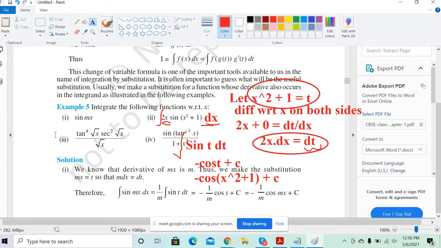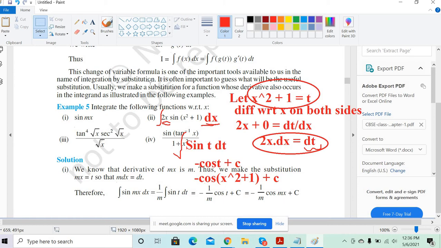Yes. Can you just do the first one now so that you understand? So this is the method of substitution. See, the whole purpose of the method of substitution was to put it in a simplified form so that you can apply the direct formula. With 2x sin of x square plus 1, we cannot apply any formula.